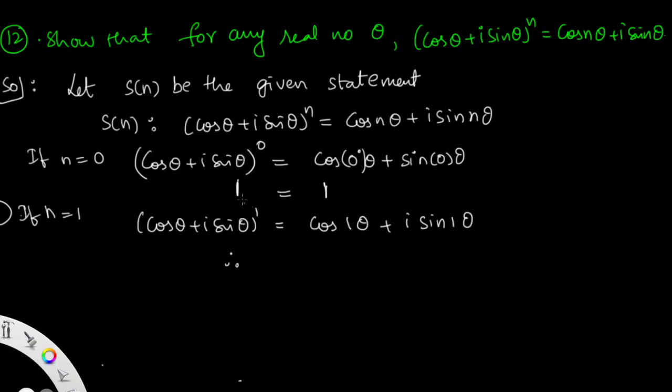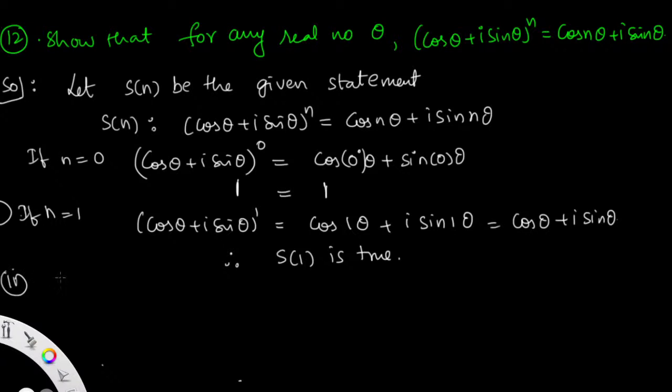Both sides are equal, since cos theta plus i sin theta is the same on both. Therefore S of 1 is true.